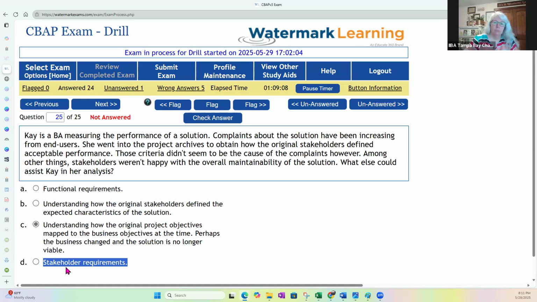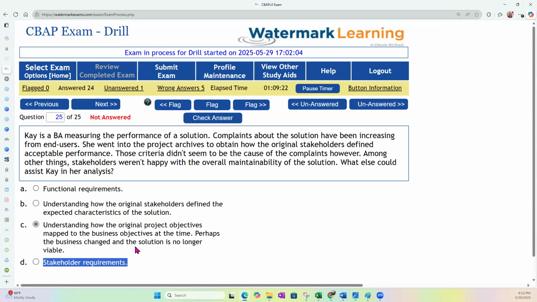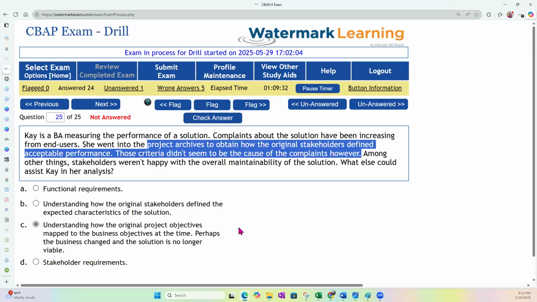It's kind of inherent and assumed. So it's hard to say between B and D, but I would say it's not A or C. That's my guess. Bob, I have a question. I think she already did the B. She went into the project archive to obtain how the original stakeholder defined acceptable performance. So she did it already, the B part, isn't it?